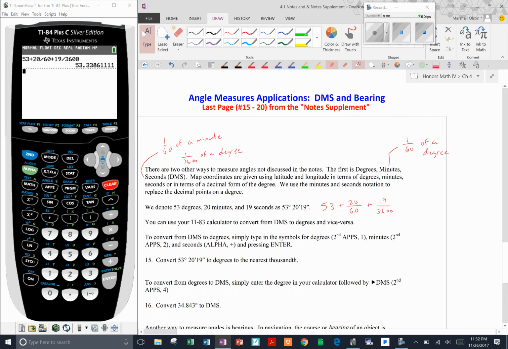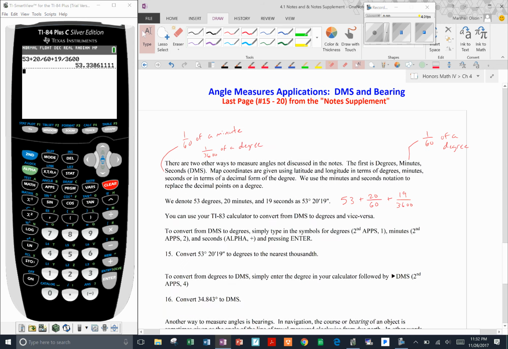The thing to know about degrees, minutes, and seconds is that minutes are 1/60th of a degree. Seconds are 1/60th of a minute, or 1/3600th of a degree.